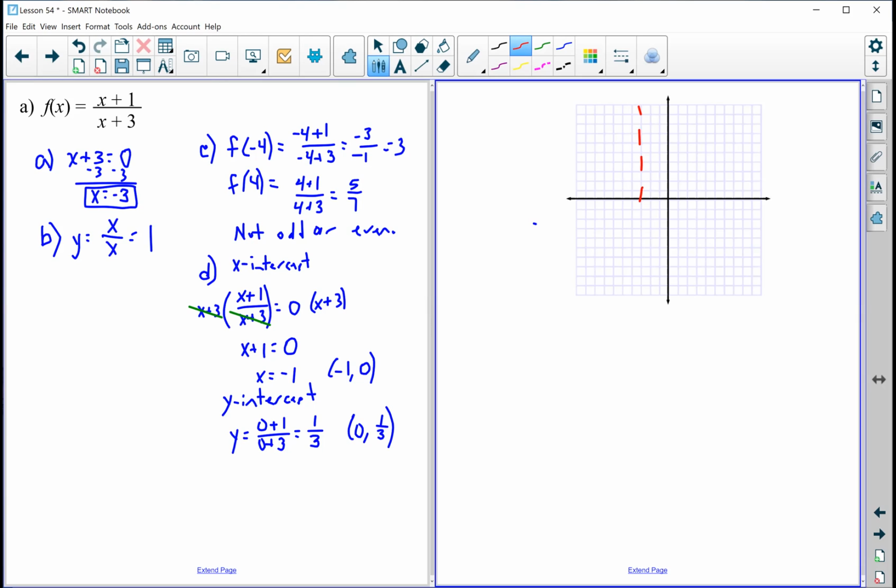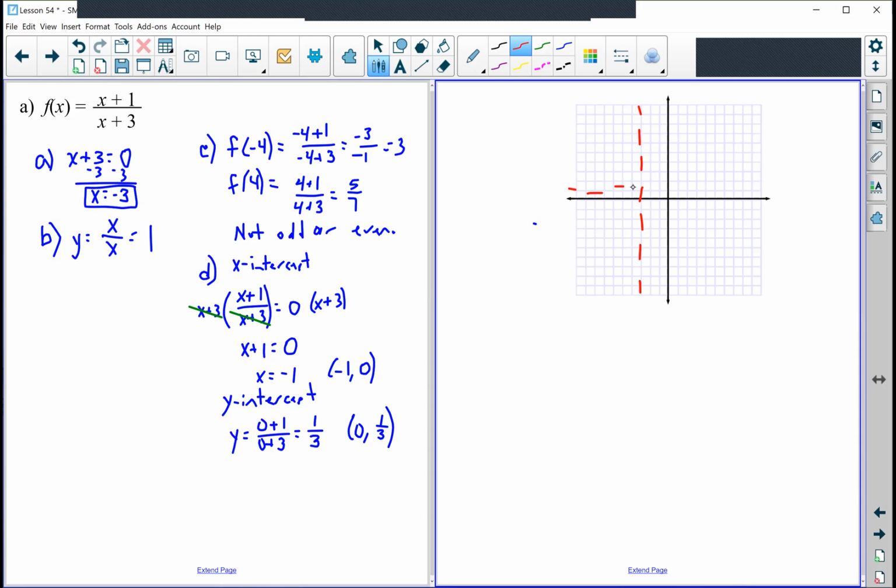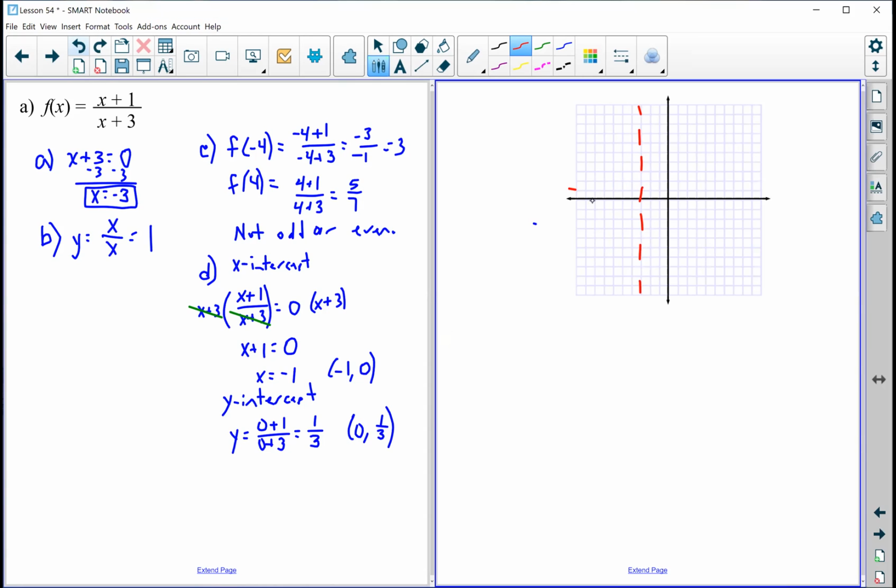I have an asymptote at -3, and I have an asymptote at positive. We said it wasn't either odd or even, so that's okay. We said at -1 we get 0, and at 0 we get 1/3.